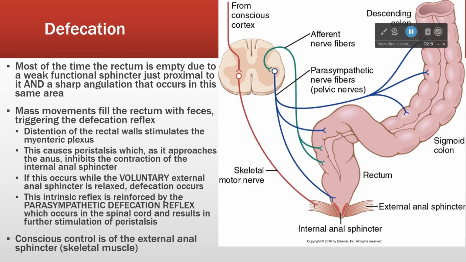So mass movements fill the rectum, and the rectum tries to empty. You could think of it like that. In other words, it's pushing down, but if the external sphincter is closed, it can't go anywhere. But that distension will create the sensation of needing to defecate, right?